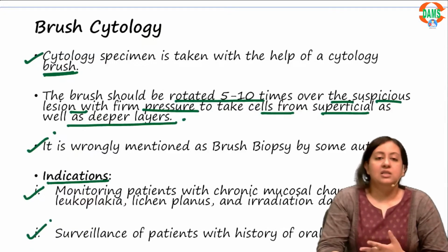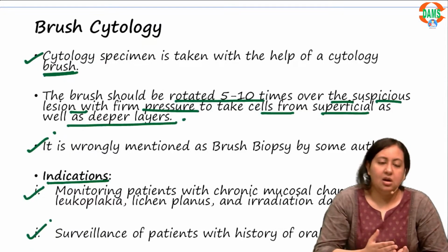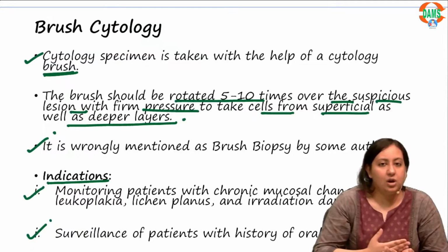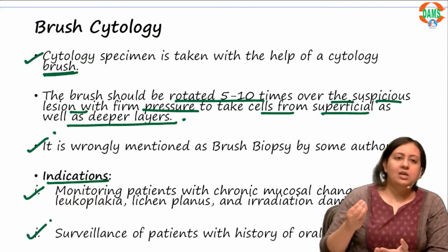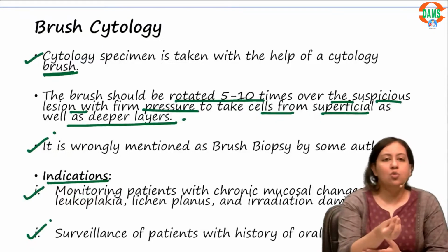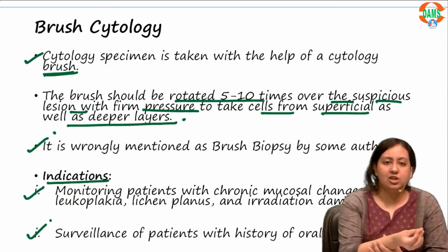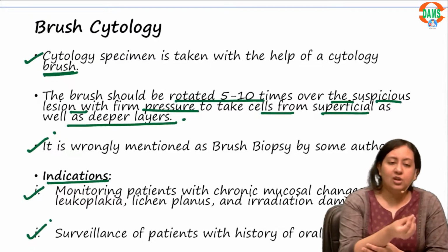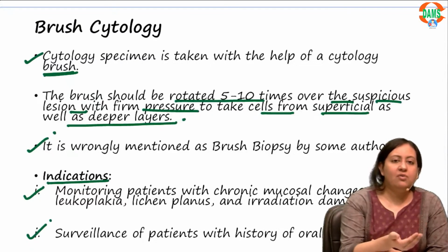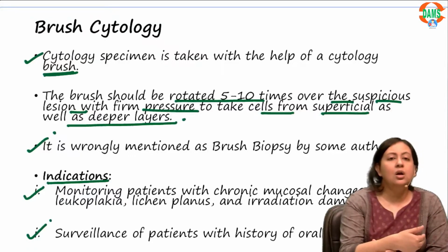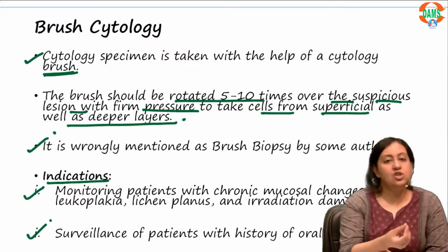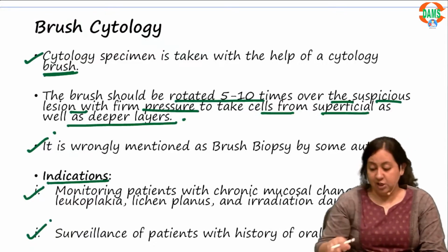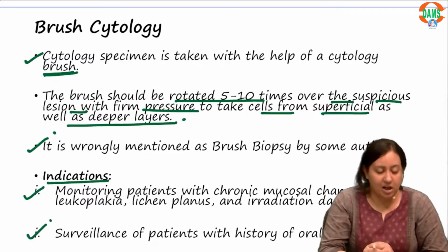Second, if the patient has a prior history of oral cancer and is now on follow-up, sometimes you may see some small mucosal change in the oral cavity. For that change, before going in for a biopsy, you can do a brush cytology to determine the exact nature of the mucosal change.